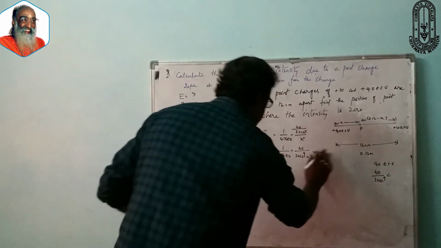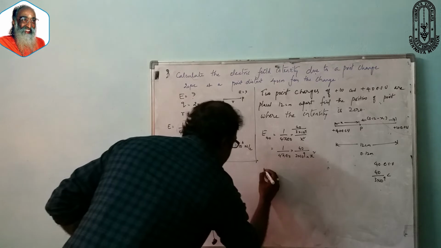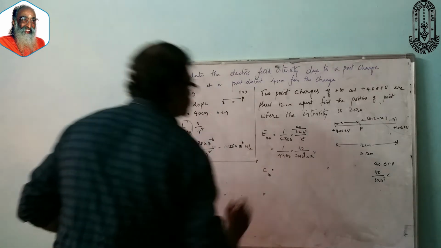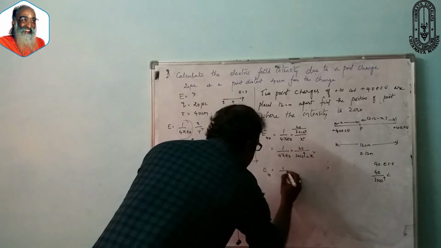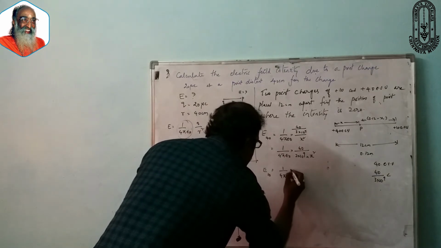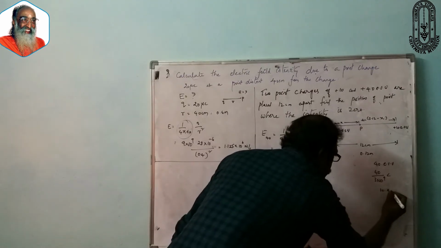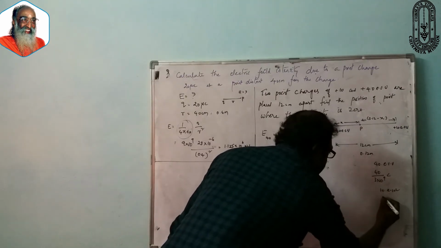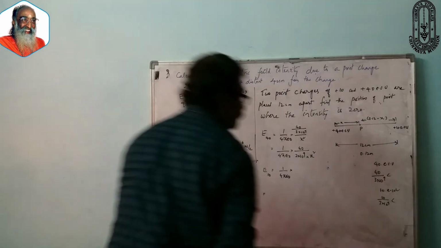Let us keep it aside now. Now I am going with 10. What is E at 10 now? You are applying the same formula. It is 1 by 4 pi epsilon naught Q. What is Q? It is 10 ESU. If it is 10 ESU, it is 10 by 3 into 10 to the power of 9 Coulomb.